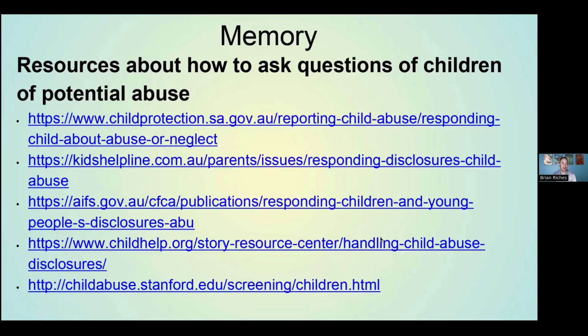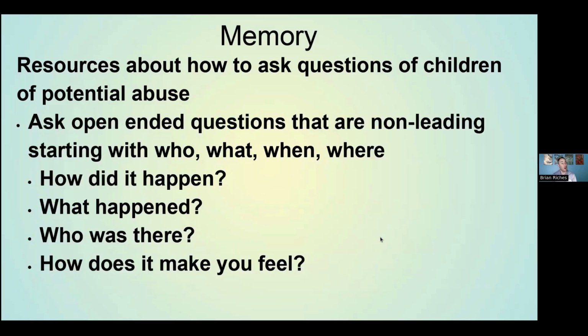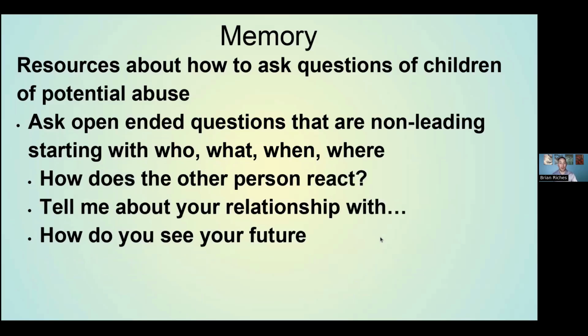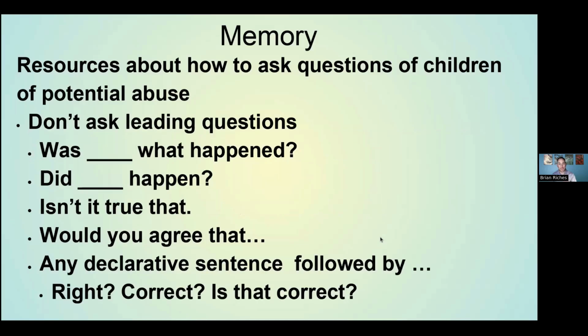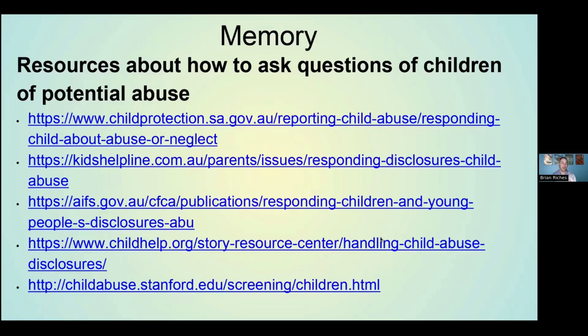So again, here are some of those resources in the slides. Feel free to click any of those links. Open-ended questions, letting the child lead the conversation and explain what was going on, what they understand of what happened, those kinds of things. Not close-ended questions. So again, there's those lists of resources.